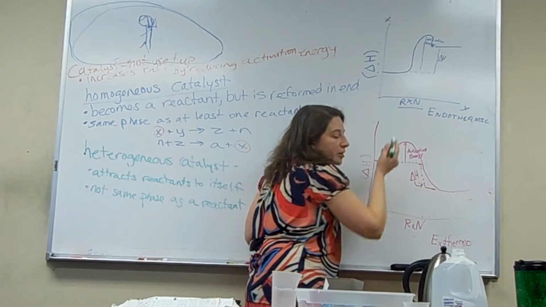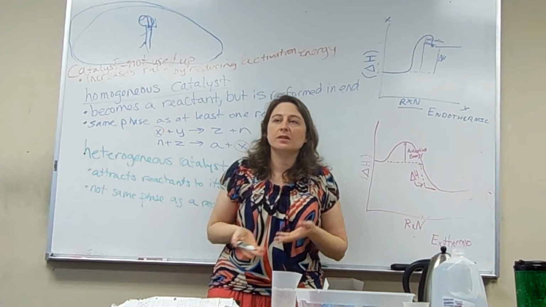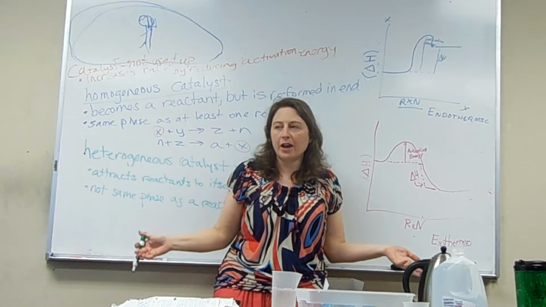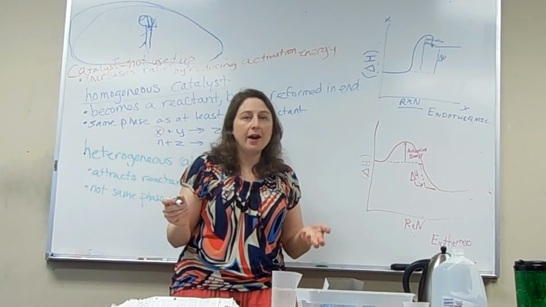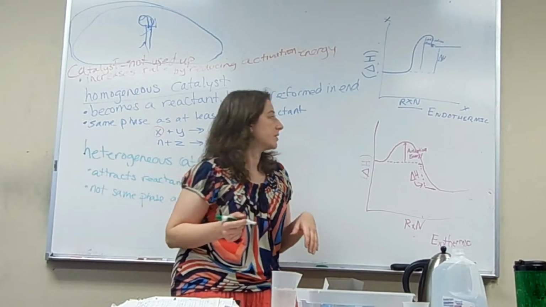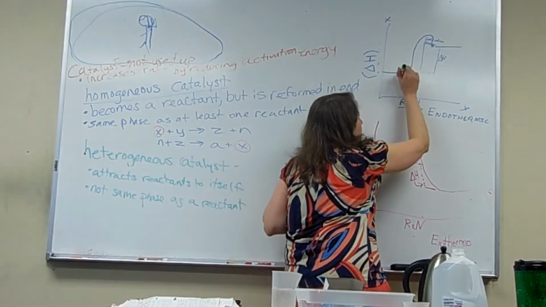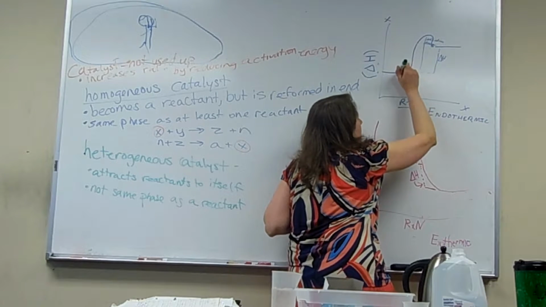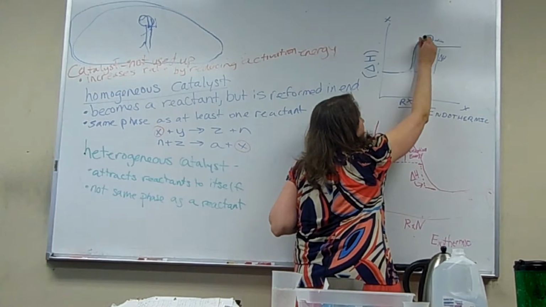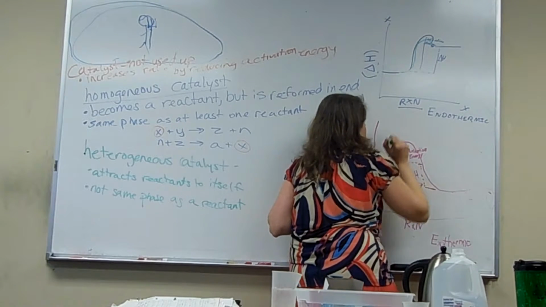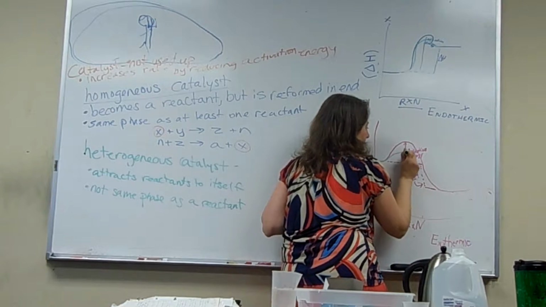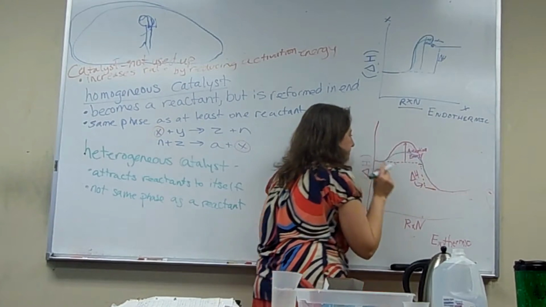So the energy of the products and the energy of the reactants is what it is for a reaction, right? They have the energy stored in their bonds that they're going to have at the given temperature that they exist. So you're always going to start here and here. The only thing that's going to change with the catalyst is that activation energy. Right?